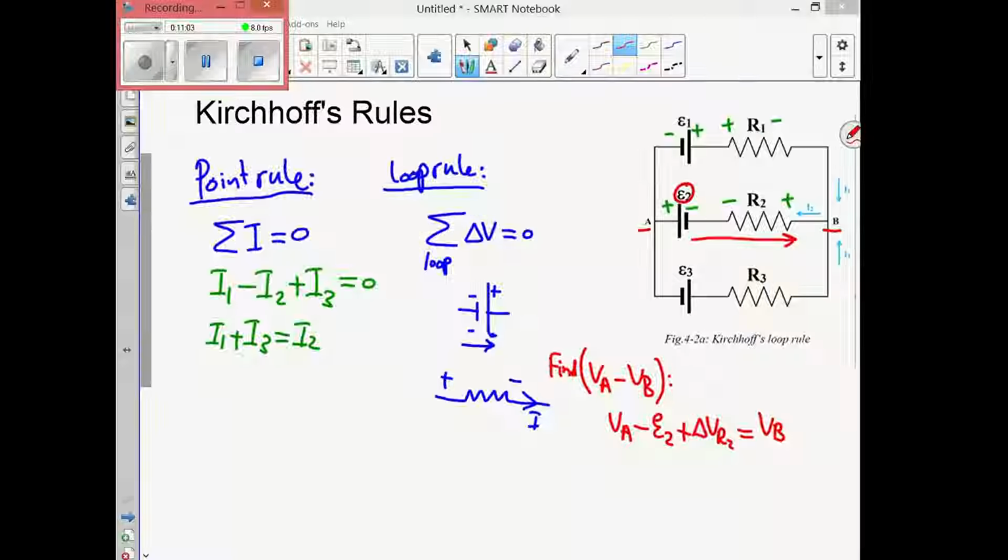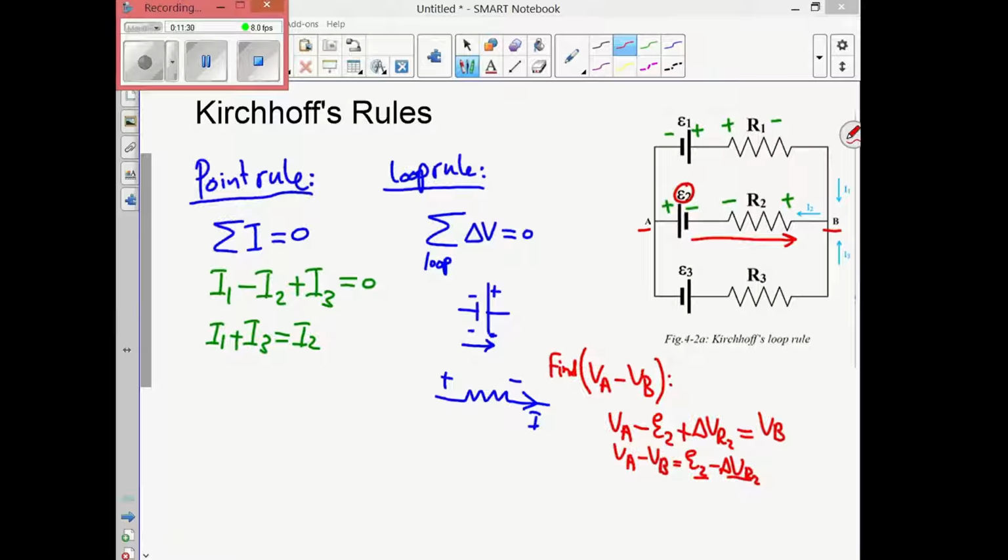Then I will solve for VA minus VB, which equals E2 minus delta V across R2. And again, the value of E2 and the value of delta V across R2, in this experiment, are obtained from the voltage sensor. So you just plug the numbers in and find the value.